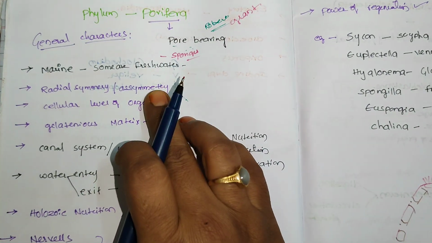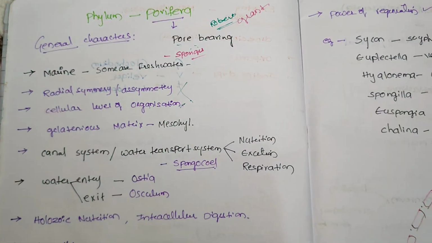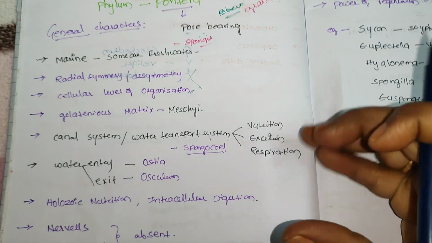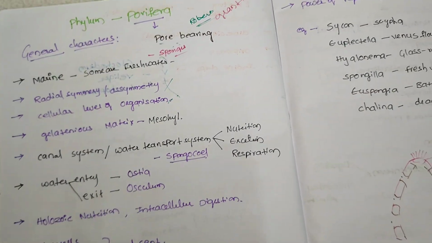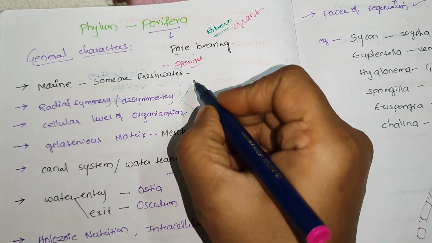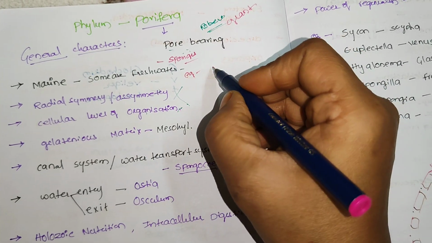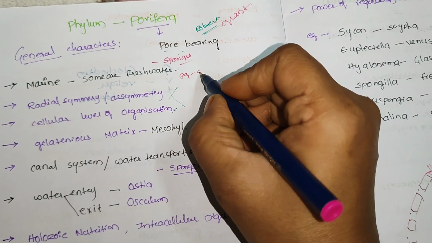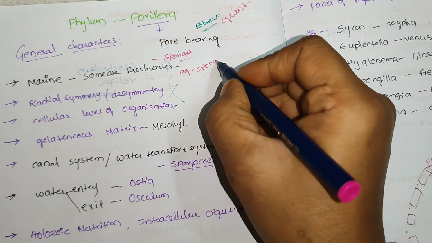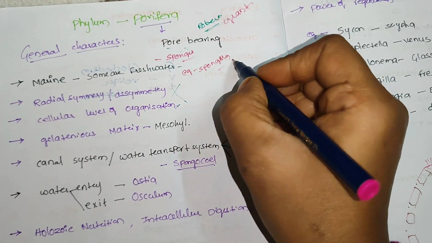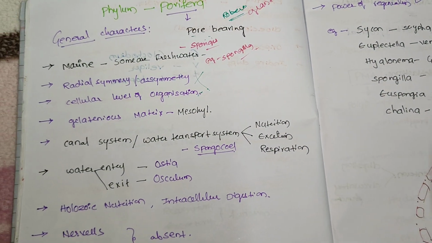These are aquatic. Mostly they are marine, living in the oceans. Some are freshwater, for example the family Spongillidae. Spongilla comes under freshwater sponges.